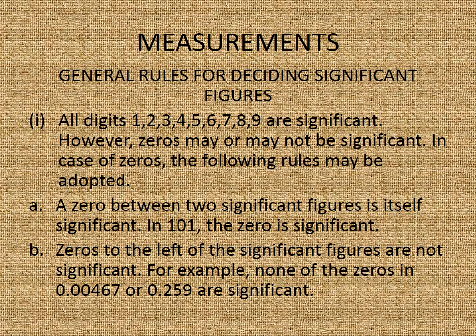General rules for deciding the significant figures. Number 1: all the digits 1 to 9 are significant. However, zeros may or may not be significant. In case of zeros, the following rules may be adopted.